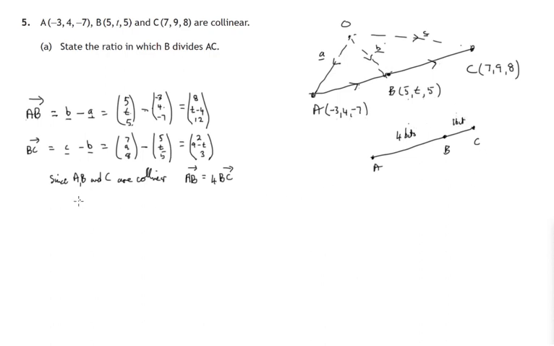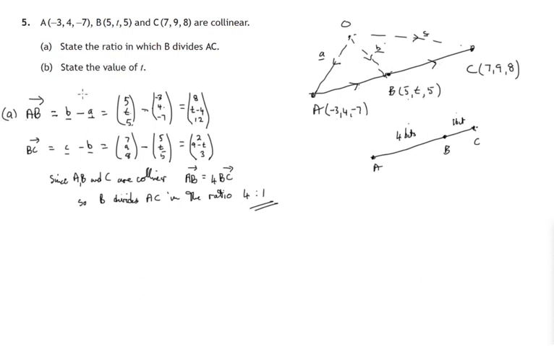So we certainly now know that B divides AC in the ratio 4 to 1. Now the order of these numbers is important. It's A to C, so we start with A, finish with C, 4 to 1, not 1 to 4. So that's first part A of this question.